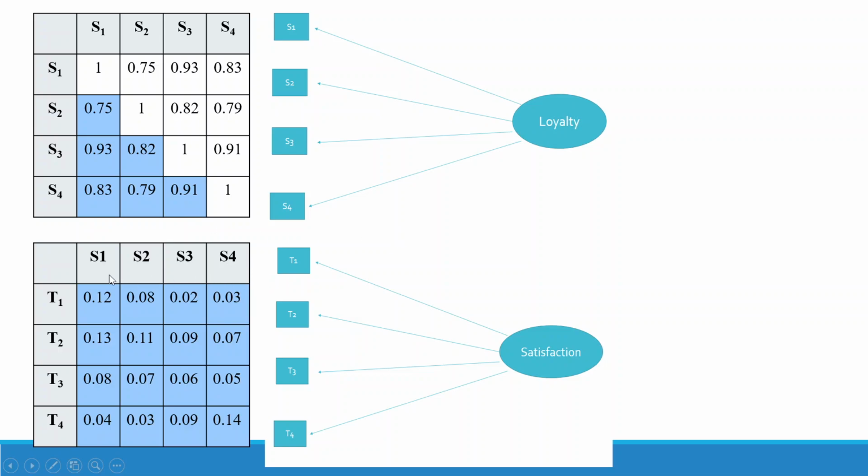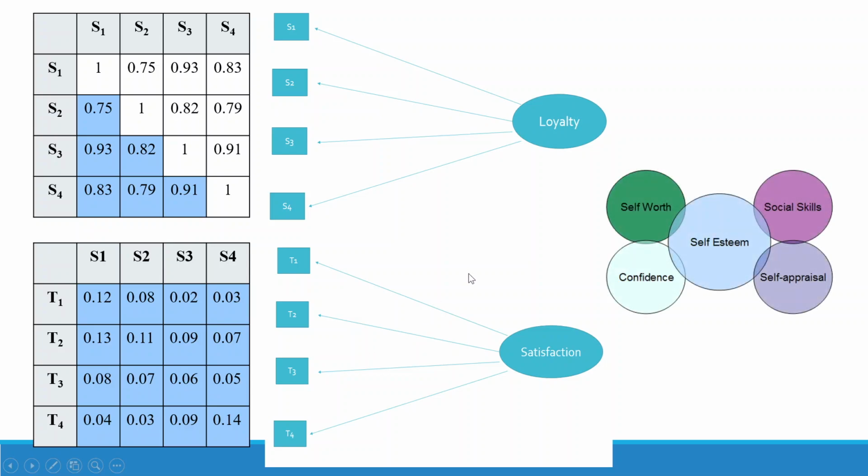Now let's talk about the correlation of S1 to S4 with T1 to T4. S1 is very weakly correlated with T1, T2, T3, T4. Same way S2 with T1, T2, T3 and T4. This is desirable to avoid the cross-loadings. There should not be any overlapping.